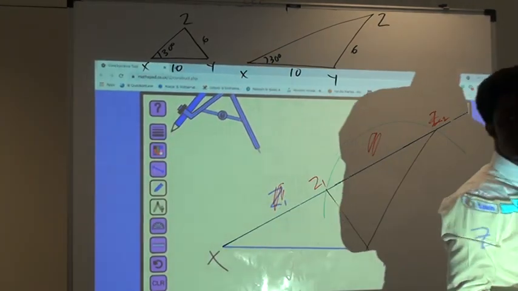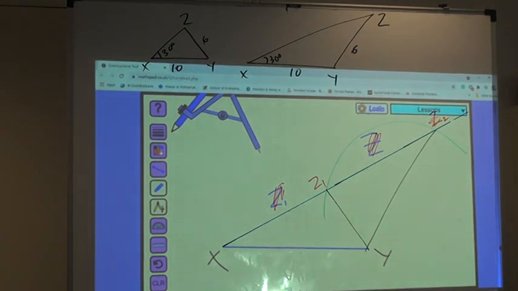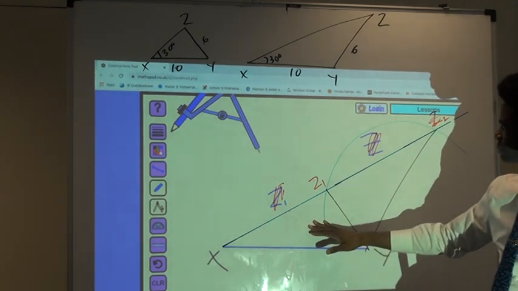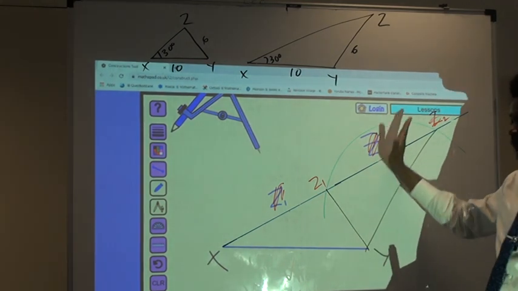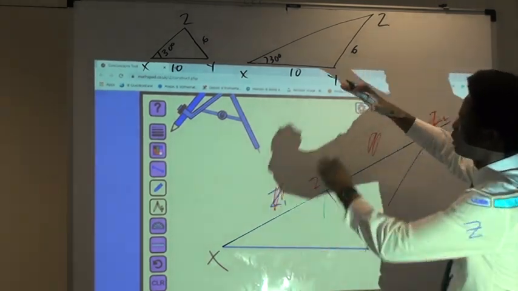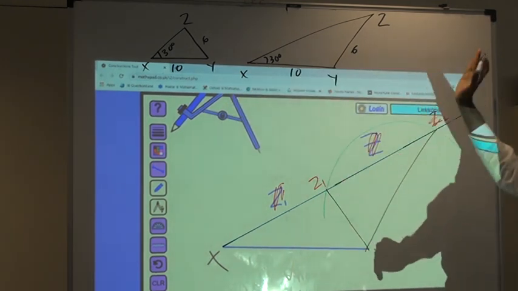It's supposed to look like a right angle. The bigger one is more like a right angle triangle, and the smaller one is more flat.